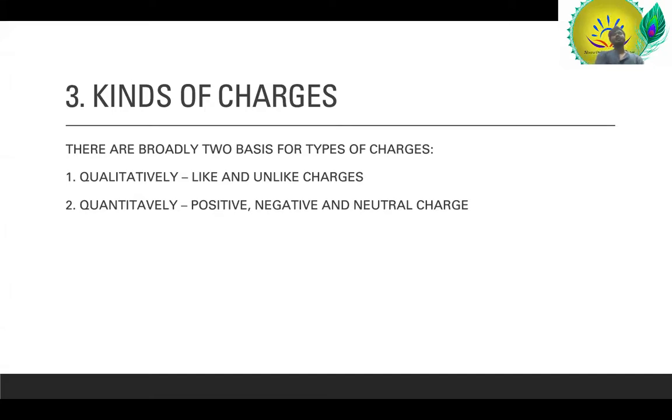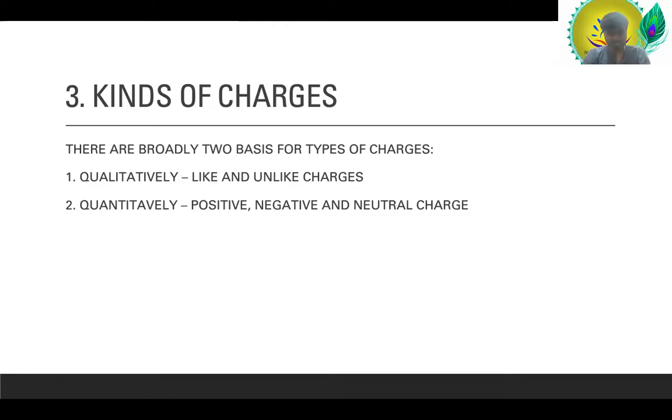Okay, so coming forward, we shall now move to kinds of charges. Till now we have learned about charges, the types of conductors and insulators, and different phenomena. Let us move now to kinds of charges.